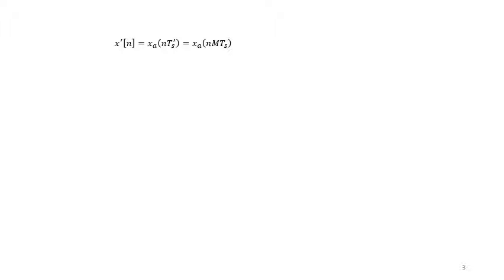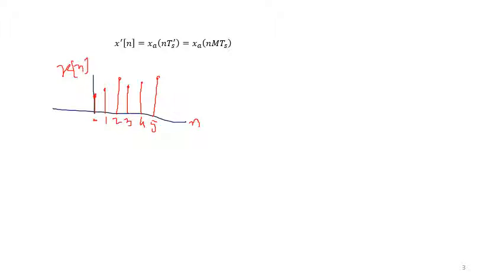So for example, let's consider the following signal. We have the original signal x of n, and we assume that we want to downsample it by a factor of 2. In that case, we are throwing away each of the alternate samples. So M equals 2 means that we are throwing away one sample.